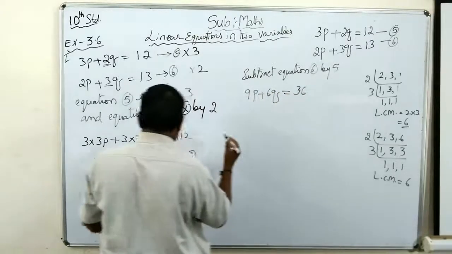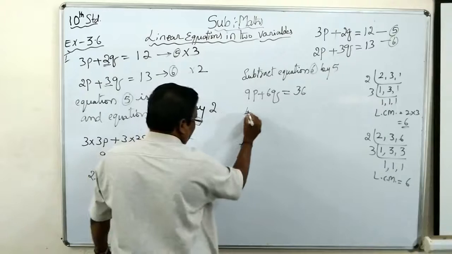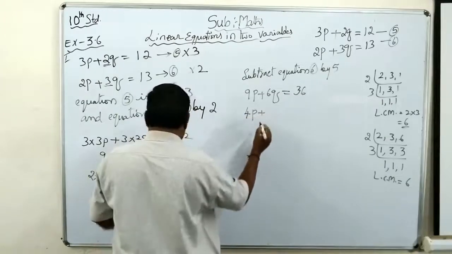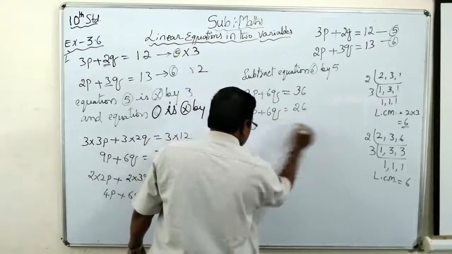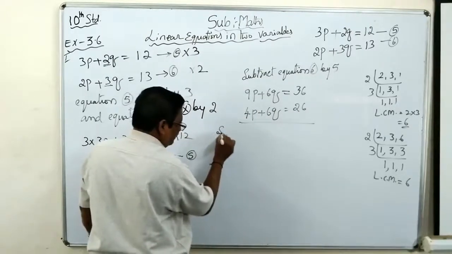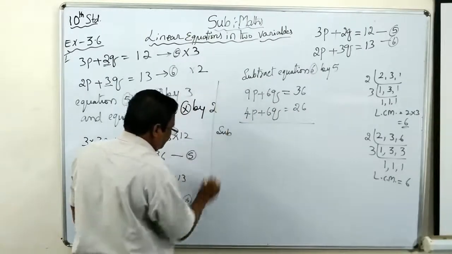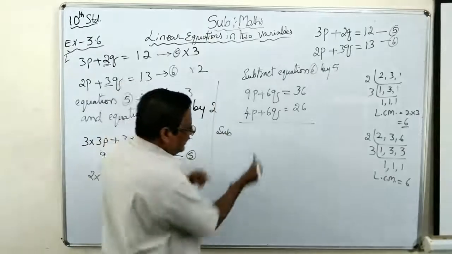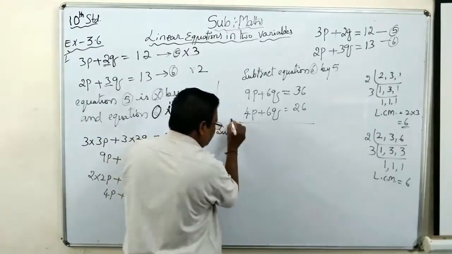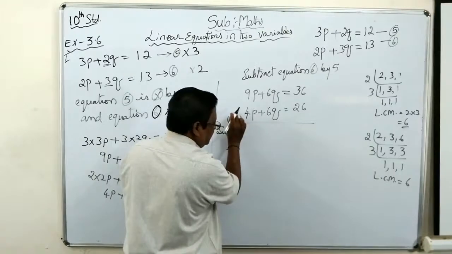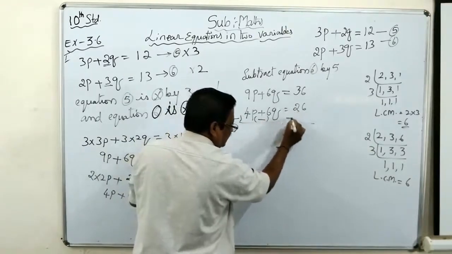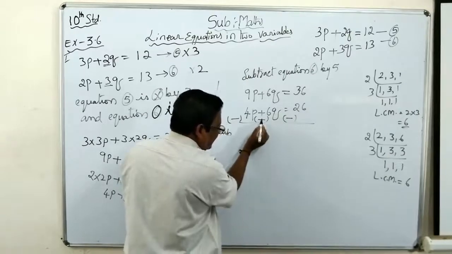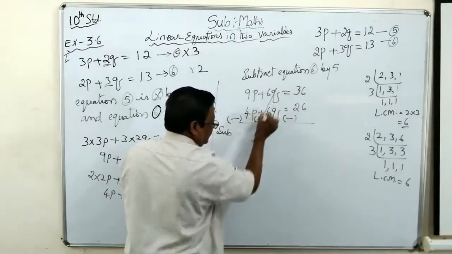Sixth equation is 4p plus 6q is equal to 26. Subtract means in the downward equation the signs will change. Where plus sign is there, it changes into minus. Here this is minus sign 6q, this is plus sign, these two are cancelled.